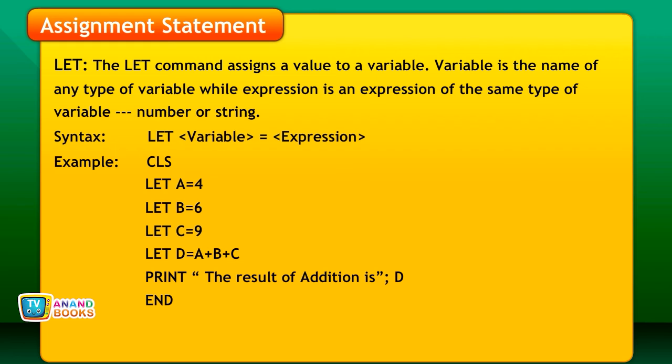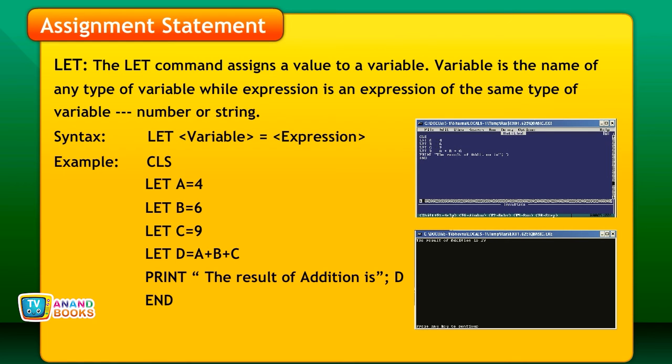Example. CLS. LET A = 4. LET B = 6. LET C = 9. LET D = A + B + C. PRINT "The result of addition is", D. END.